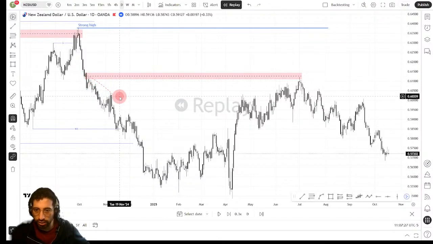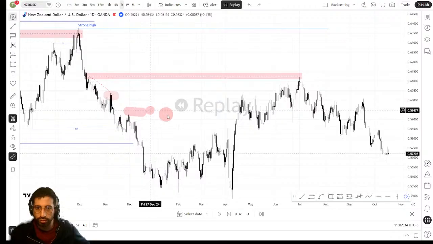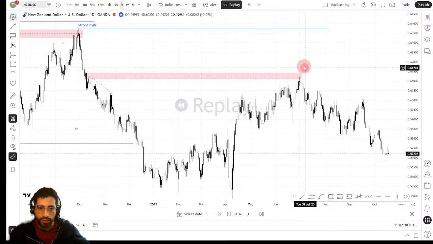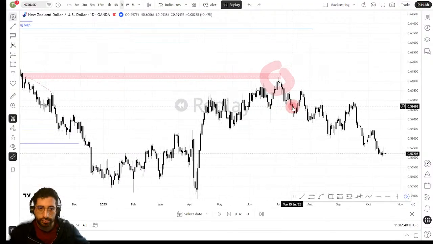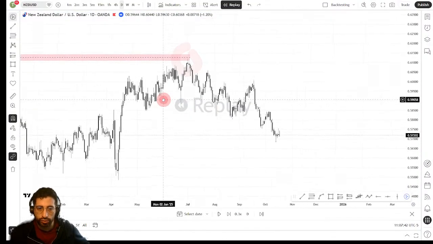All the highs that I'm pointing at were liquidity. So highs in which people would put their orders, and all of them went to stop loss, right? After the price entered here, we would continue.